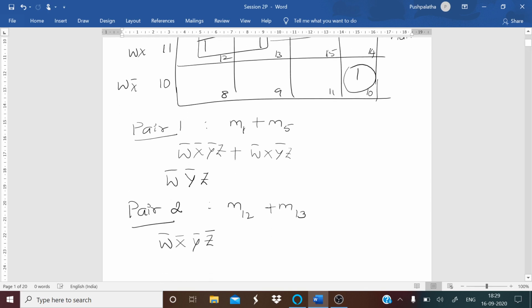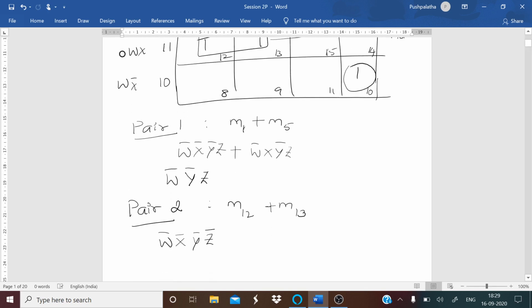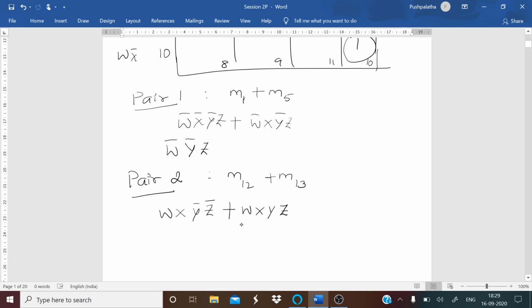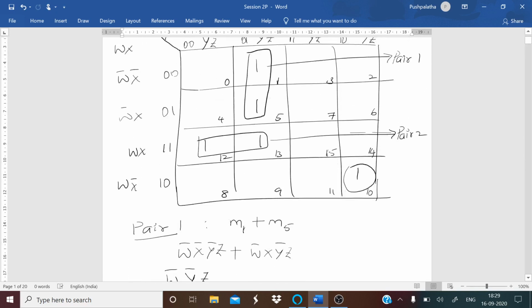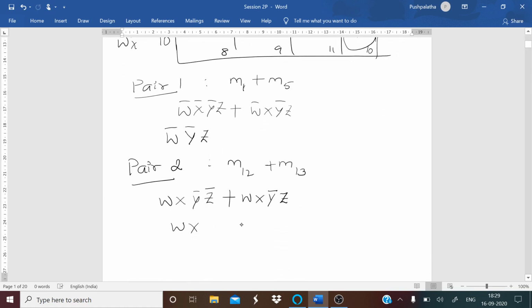Sorry, it is W X, not W bar X bar. W X, Y bar, Z bar, plus M13 is again W X, Y and Z, right? So what will be the value now? The answer is W X. Y bar is changing its form. Have we made any mistake here? Yes, this is your Y bar Z, okay, Y bar Z, and Y bar doesn't change.